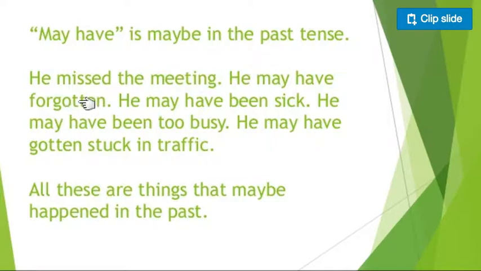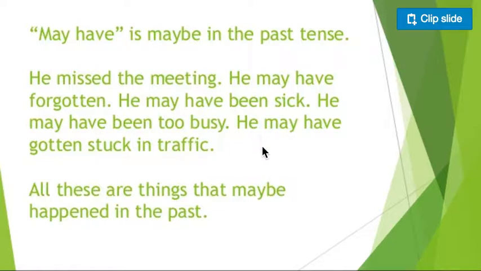So for example, this sentence here: he missed the meeting. He may have forgotten. So maybe he forgets. But when you refer to the past, you say may have forgotten. So you don't say maybe he forgotten or maybe he forgot. He may have forgotten.